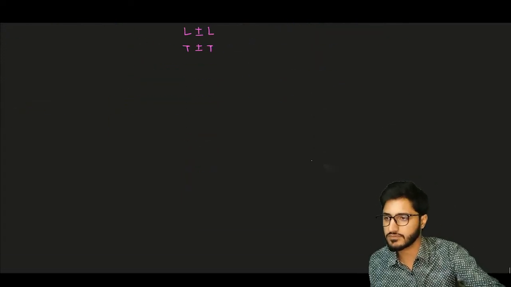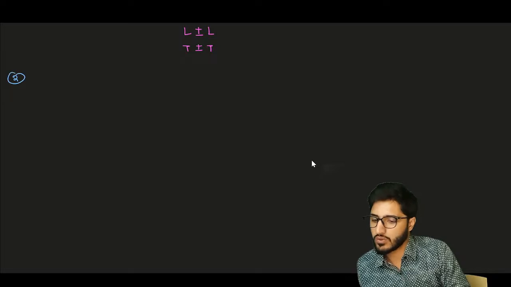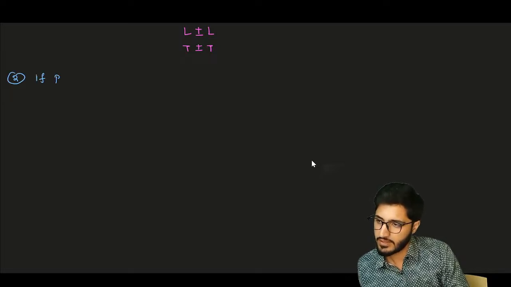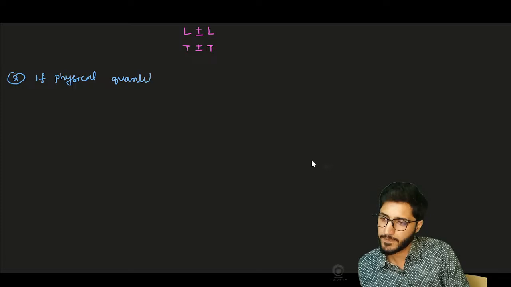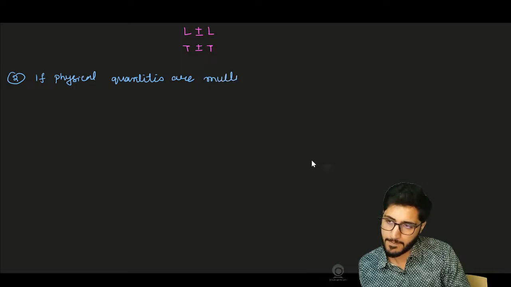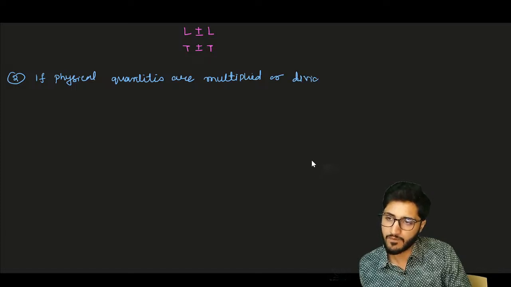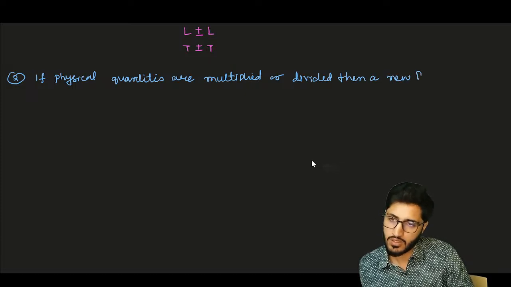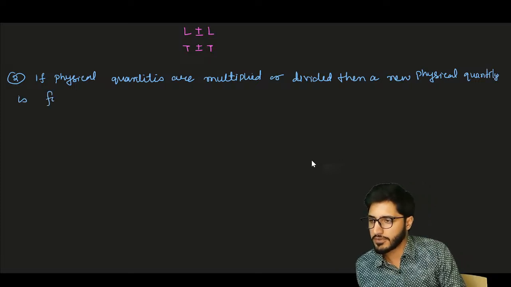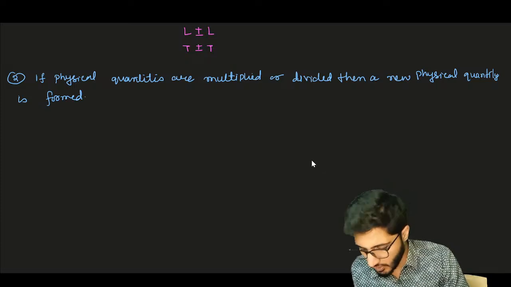Second rule. If physical quantities are multiplied or divided, then a new physical quantity is formed.